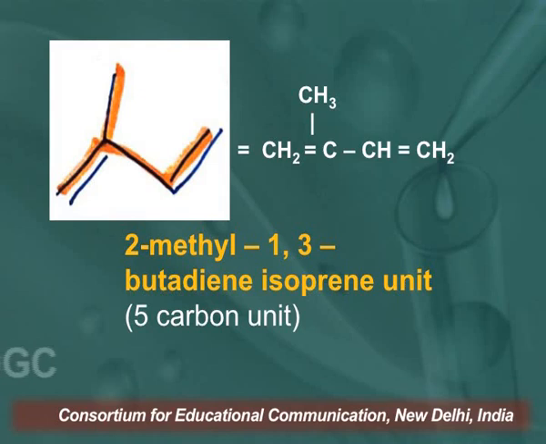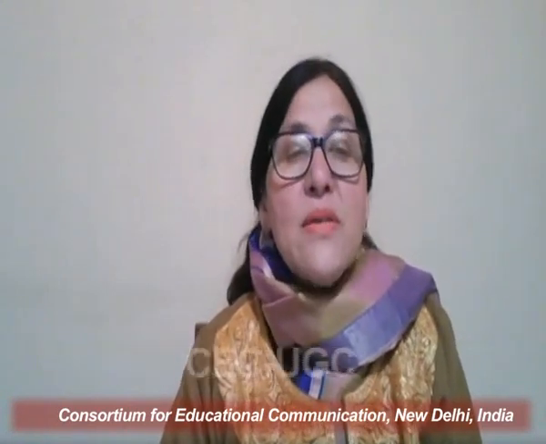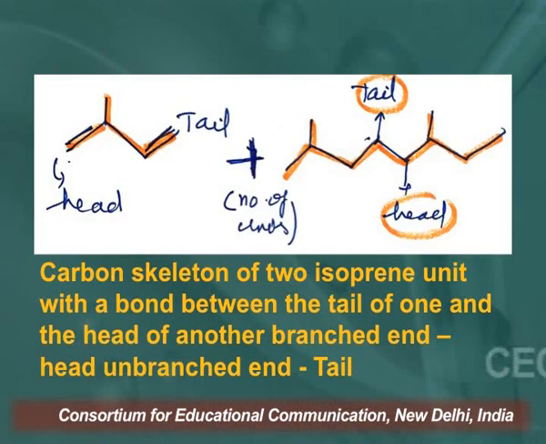All the terpenes contain this isoprene unit, and on the basis of that isoprene unit we can classify them, or we can give them names. And this is the isoprene unit, and there is the carbon skeleton. One end is represented as a head and the other end is represented as a tail.